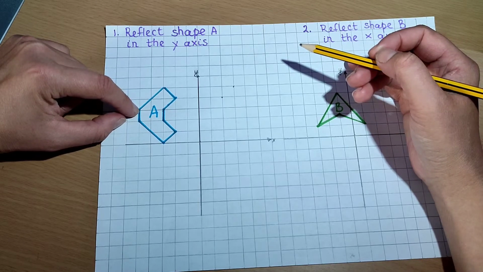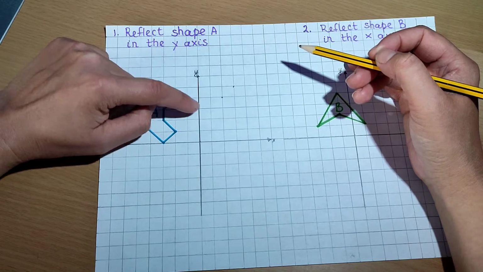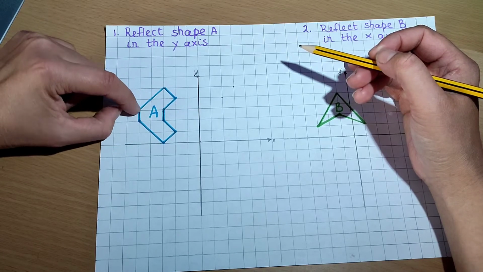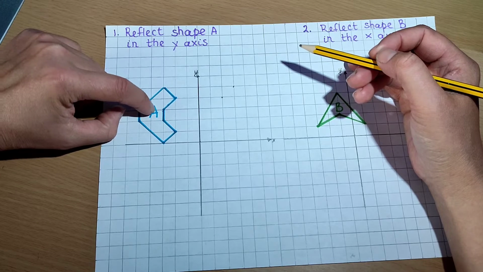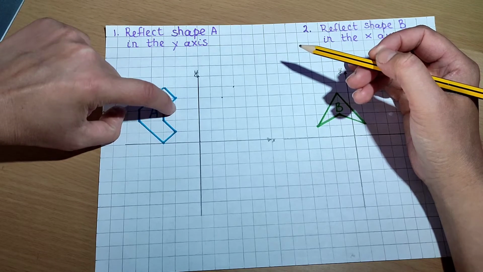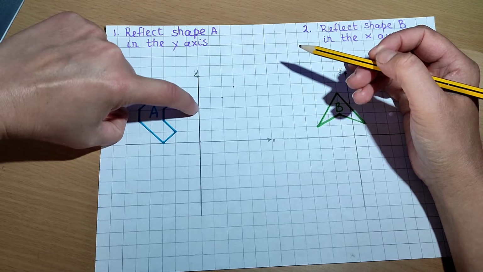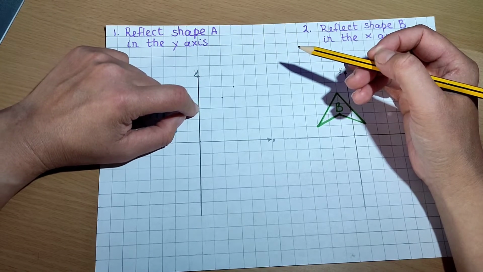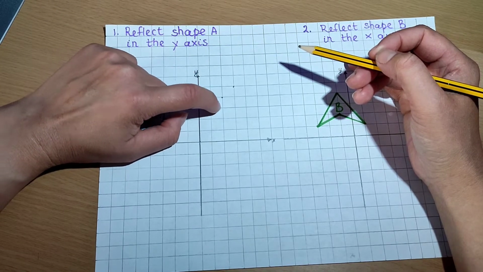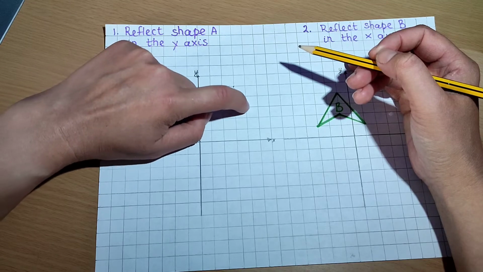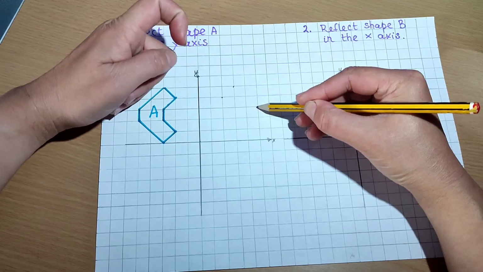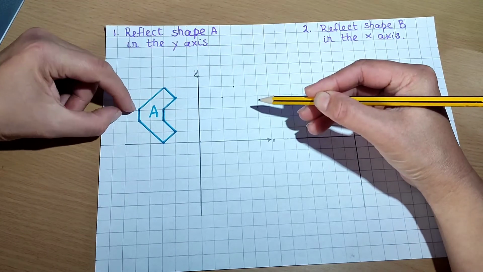How many squares is it to the y-axis? Let's count. 1, 2, 3, 4, 5. So we need to do exactly the same on the other side. 1, 2, 3, 4, 5. We put our point here. So we've done this one.